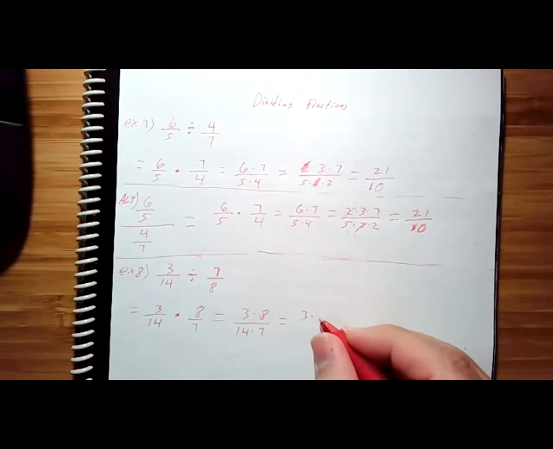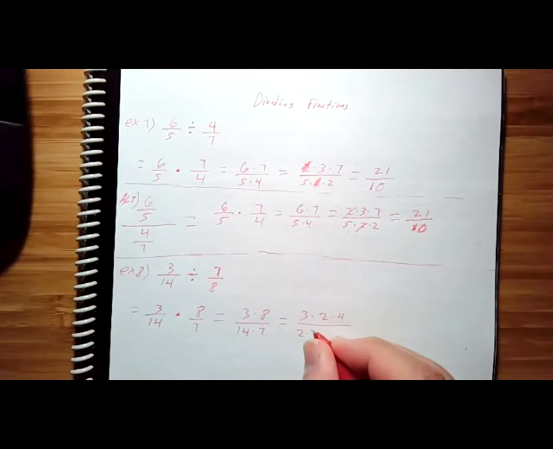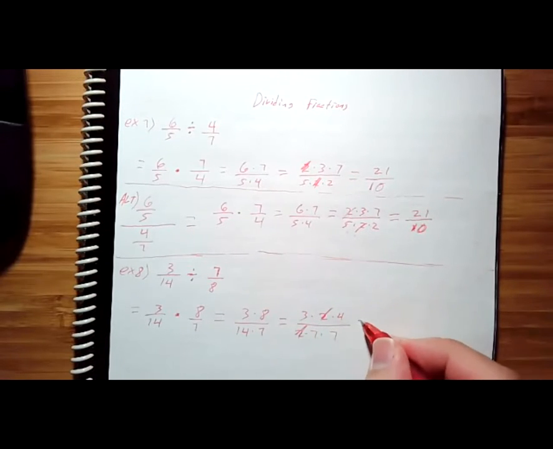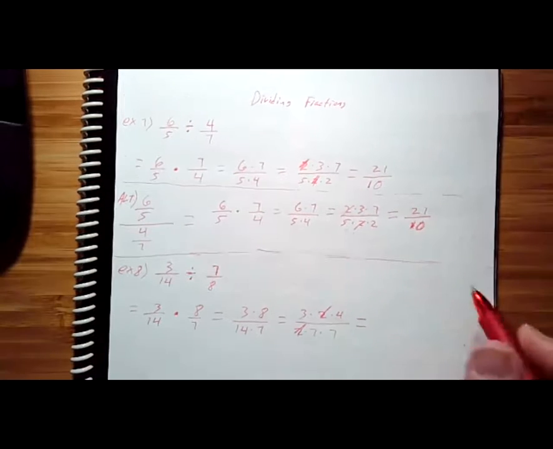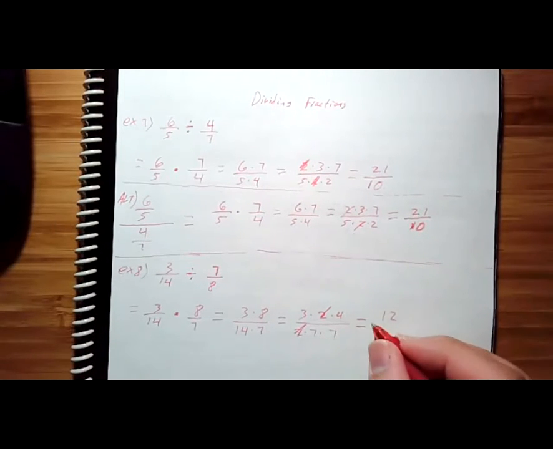Factor the 8 into 2 times 4. Factor the 14 into 2 times 7. Cancel the 2's. Multiply what's left over. 3 times 4, 7 times 7.